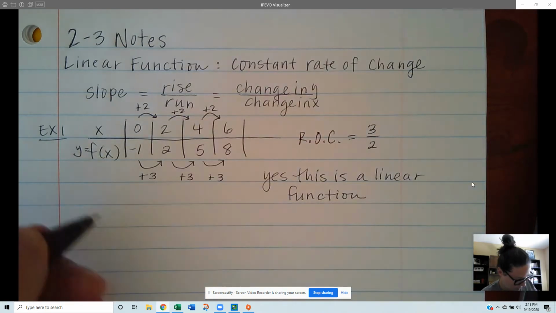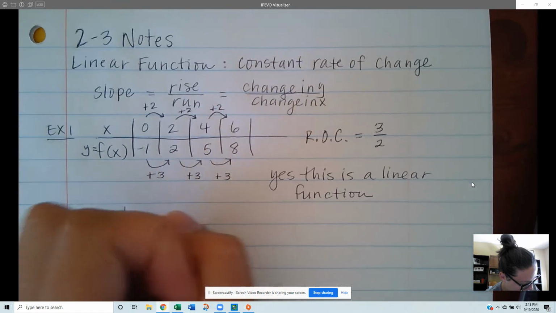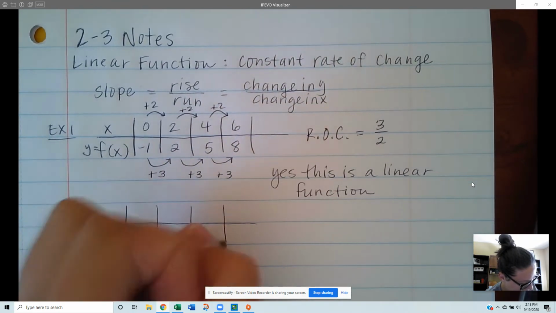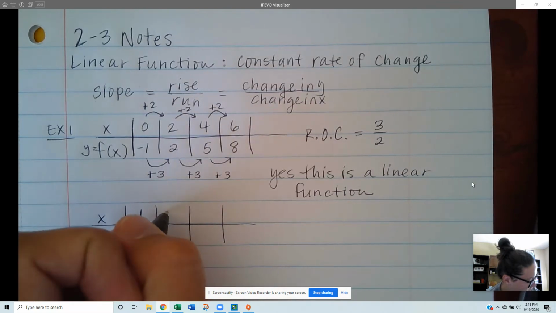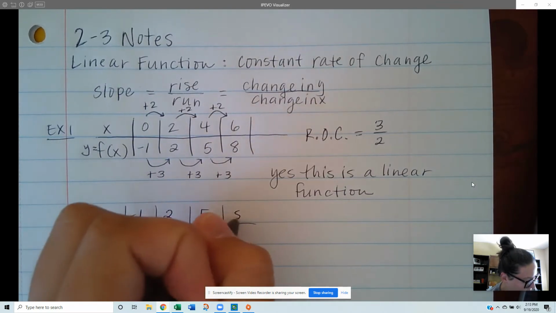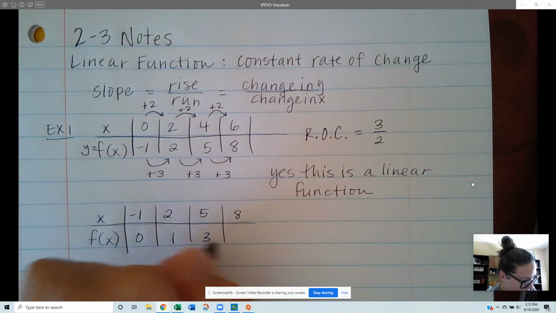All right, let's try another one. x, f of x. We have -1, 2, 5, 8, and 0, 1, 3, 6.